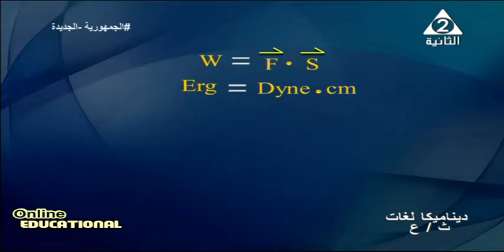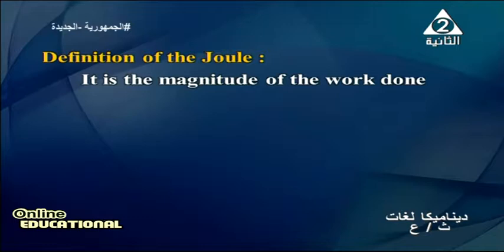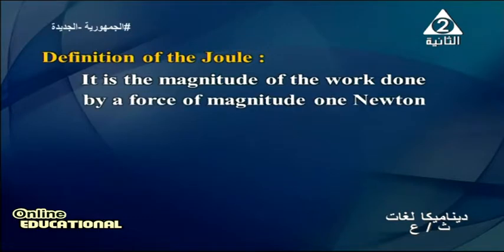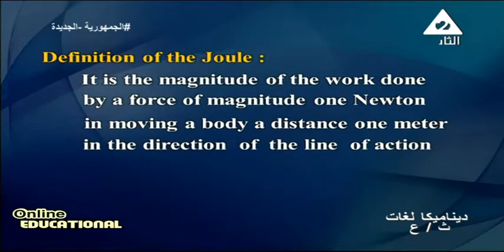Now, what is the meaning of the joule? The definition of the joule: it is the magnitude of the work done by a force of magnitude 1 Newton in moving a body a distance 1 meter in the direction of the line of action of the force.